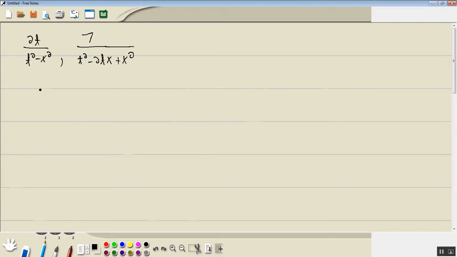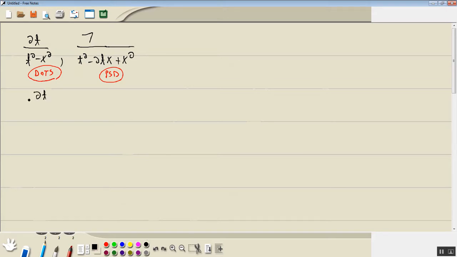Well, to find the LCD, we need to factor each one of our denominators. So we got t squared minus x squared. Actually, I guess I could do it right within the fraction. This is a difference of two squares, two terms with a minus in between. This would be PSD, because we've got t squared, t, and there's no number from our t squared.